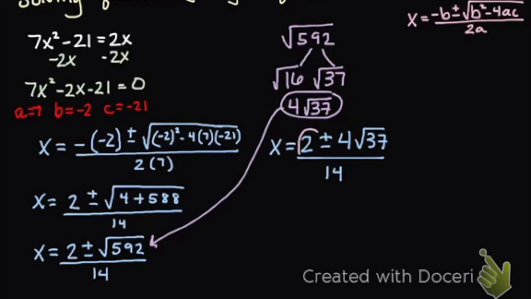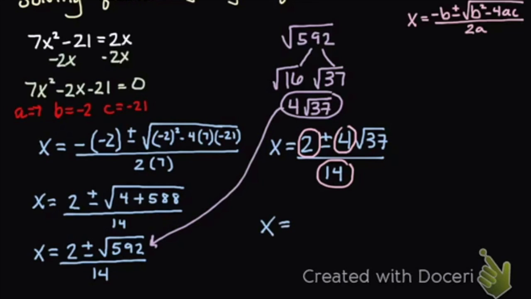And we're mainly focusing on these three values, since we can't simplify that square root any further. So we want to look, is there a number that goes into 2, 4, and 14? And 2 goes into all of those numbers, so we can divide the three numbers by 2 to simplify that fraction.